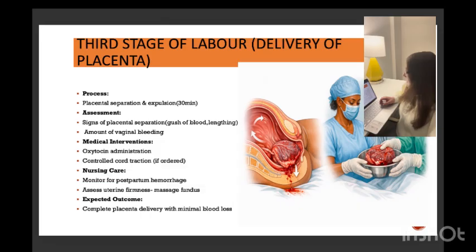For assessment: signs of placental separation, a gush of blood, the cord becoming longer, and also the amount of vaginal bleeding. If the mother had a vaginal birth, it has to be up to 500 ml. If the mother had a C-section, it has to be up to 1000 ml of blood. If it's more, it's considered a postpartum hemorrhage.